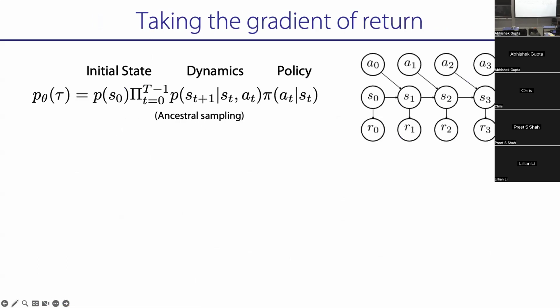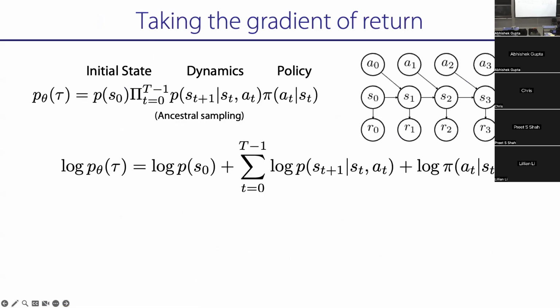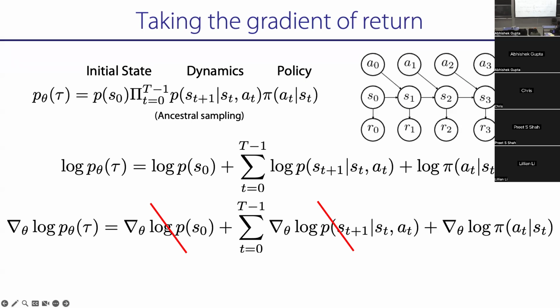The second thing we did is define p theta tau with ancestral sampling. We said this is going to be a sum of these different terms: the initial state distribution, transition dynamics, and your policy. Then we said two of those terms don't depend on theta, and so you're completely model free.